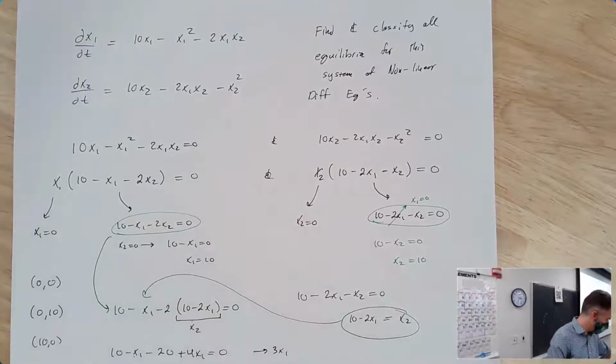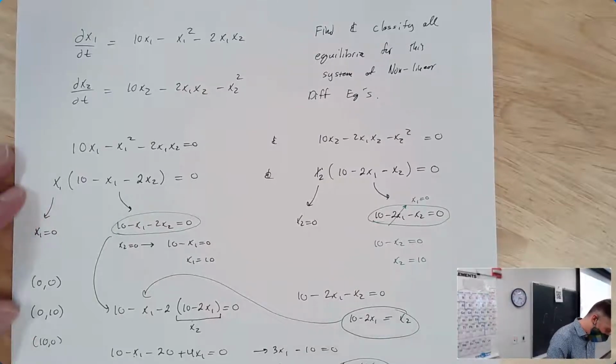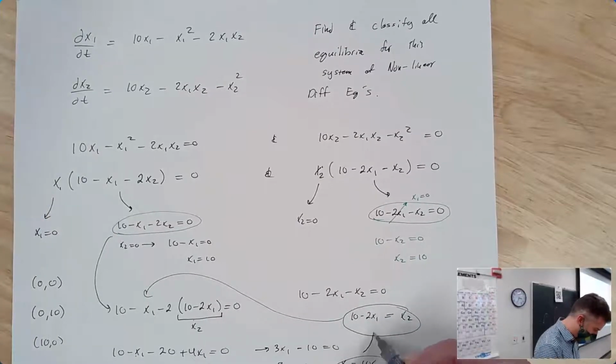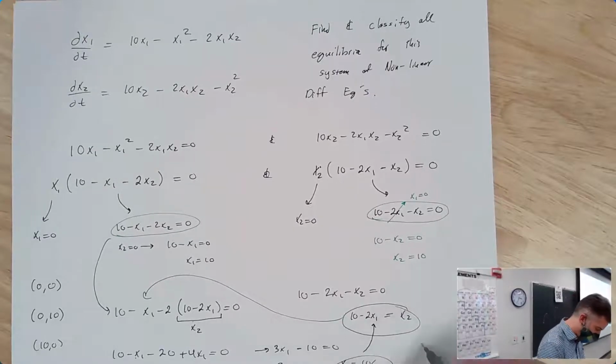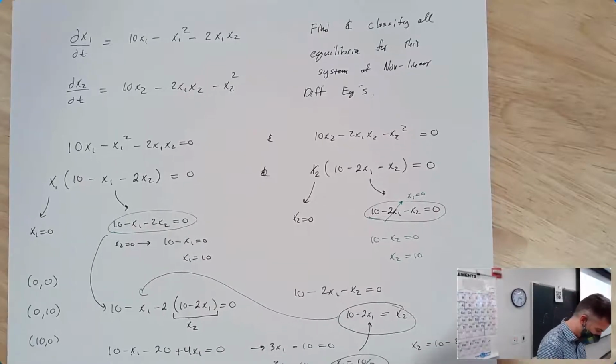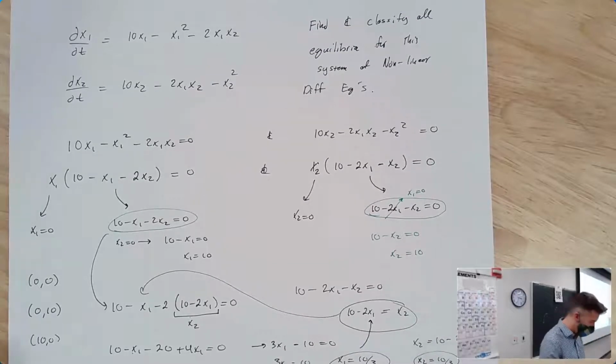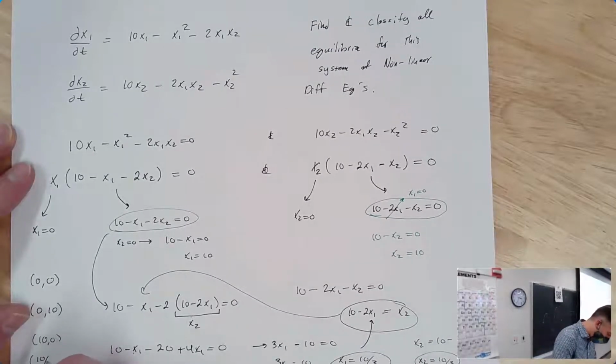No, I guess that's right. Let me double check. Yeah, that's right. So then 10 minus 20 is minus 10. So I've got 3x1 equal to 10. I've got x1 equal to 10/3. If I plug that back in for x1 here, I'm going to get x2 equal to 10 minus 20/3, which is also 10/3. So my fourth equilibrium is 10/3, 10/3.